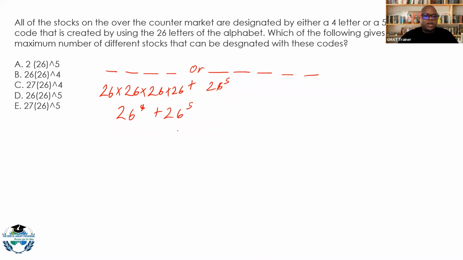Now this comes to algebraic skills, the knowledge of being able to factor values. That is one skill that helps to reduce this term to a simpler term. You'll have 26 raised to power 4, which is common in both terms, power 4 and power 5. And then this will go into 26 into 1, rather.